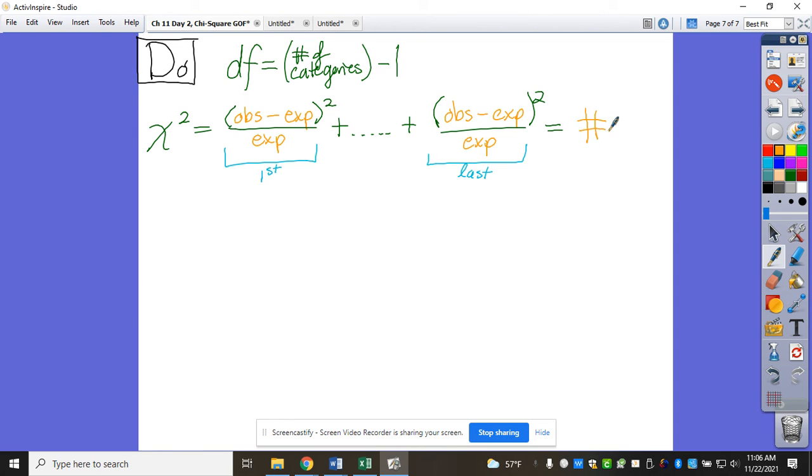Then I'm going to get a number from adding them all together. And once I get my chi-square test statistic value, then I put what on paper?